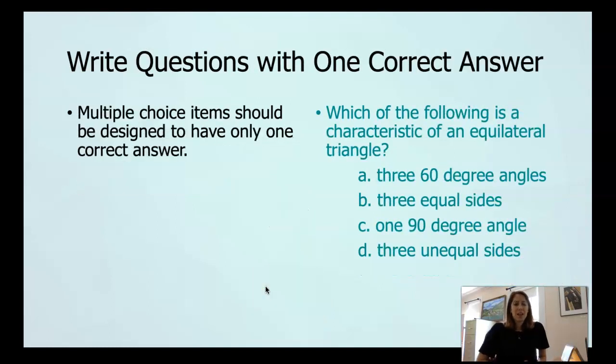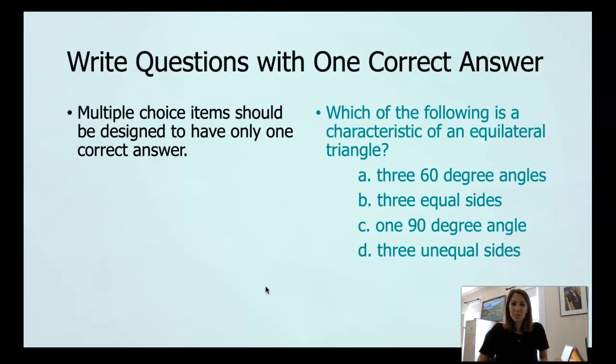All right. This should go without saying, but I'm sure someone at some point has made this mistake when writing a multiple choice question. With a multiple choice question, you should only have one correct answer. Now, if we look at this sample question here, which of the following is a characteristic of an equilateral triangle, this question is problematic because there are actually two correct answers.